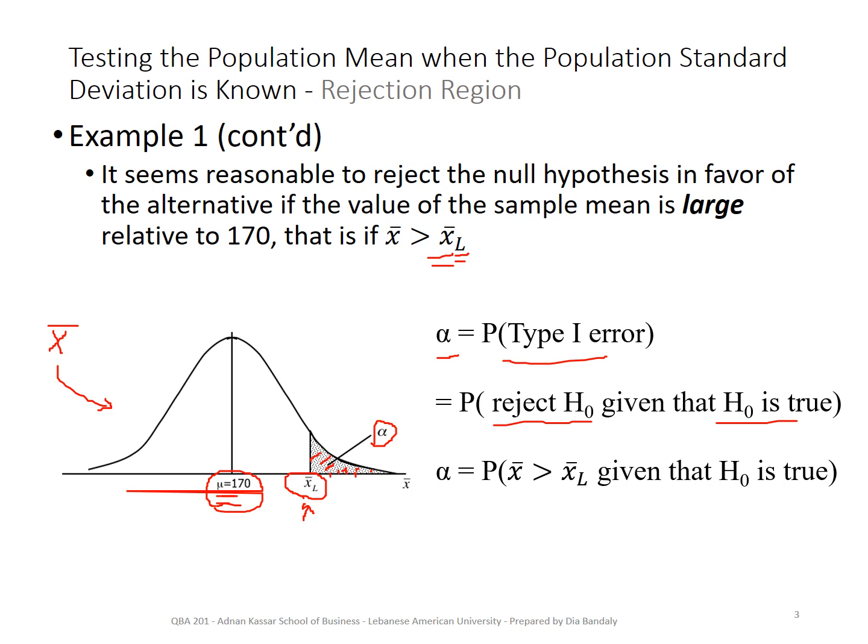So in other words, alpha is the probability that X bar is greater than X bar L. If X bar is greater than this, I will be rejecting my H0, but I know that this may be a type 1 error. So I'm going to use this statement to find my X bar L, and I'm going to illustrate that in the next slide.